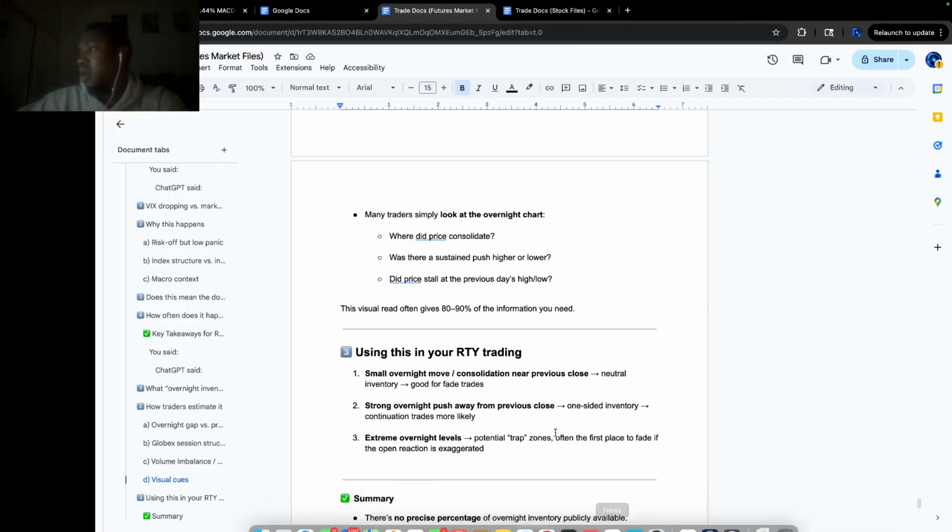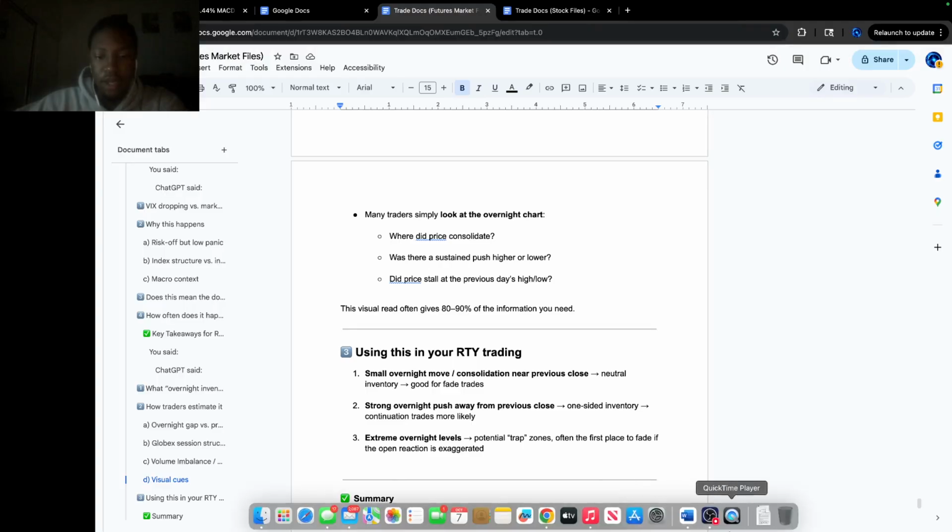Let me open up my book map, just so I can get this data aggregated.